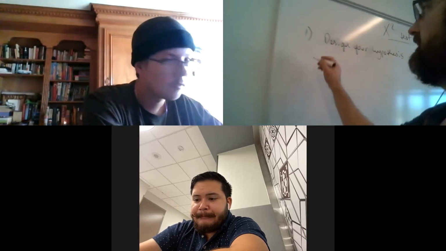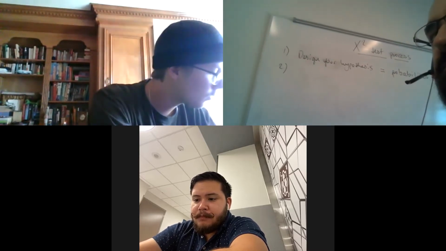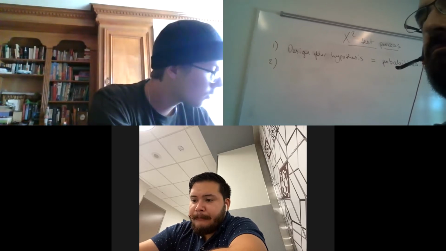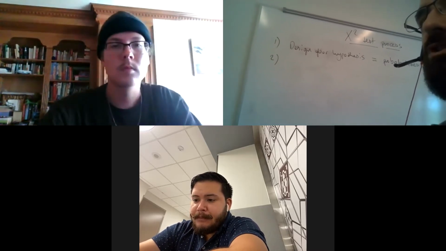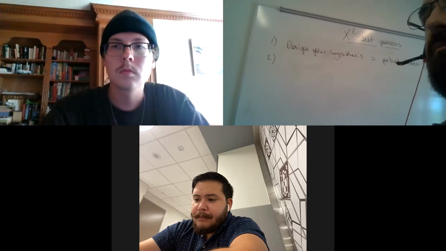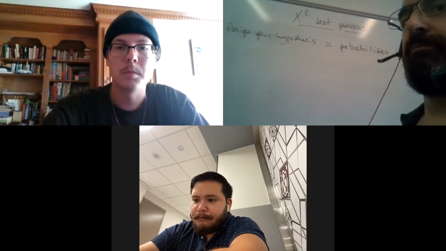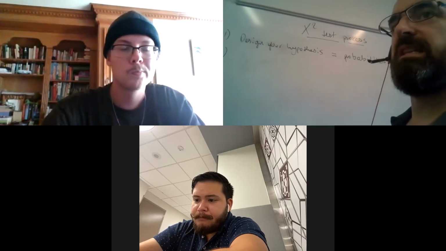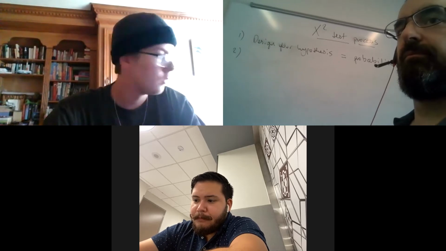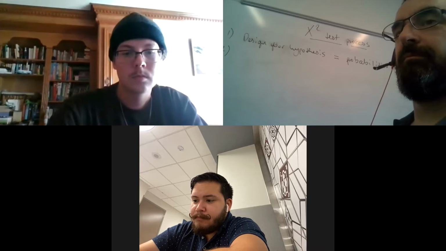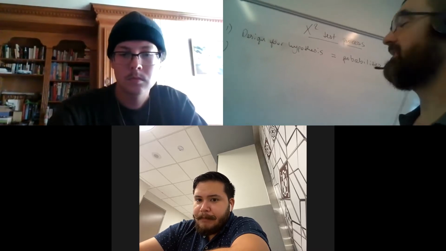What's next in our multi-step plan for chi-squared success? What do we do with those probabilities? What does that allow us to calculate? Yeah, expected values.